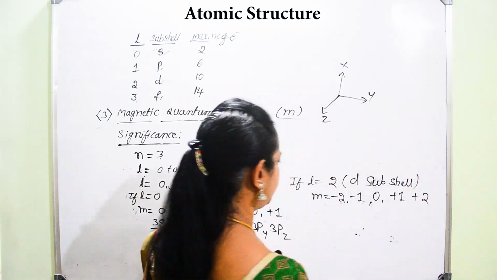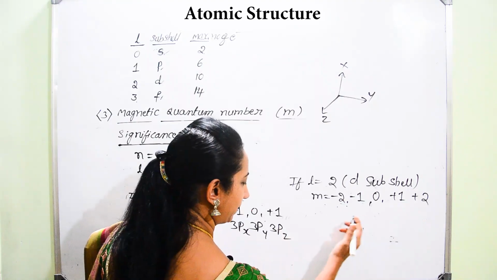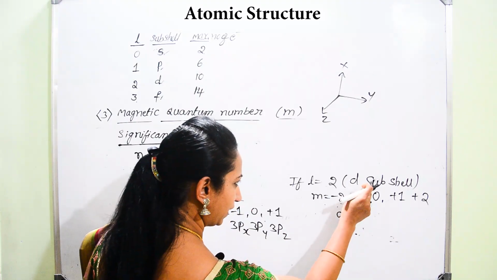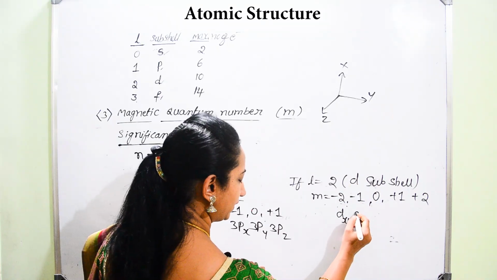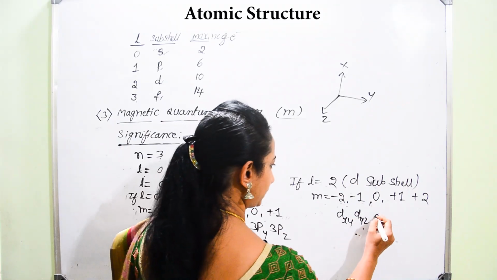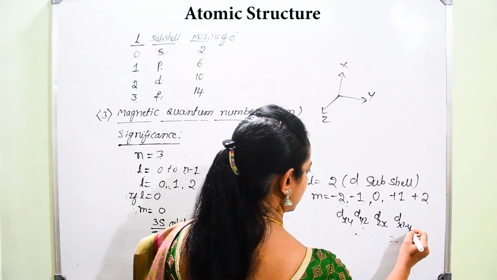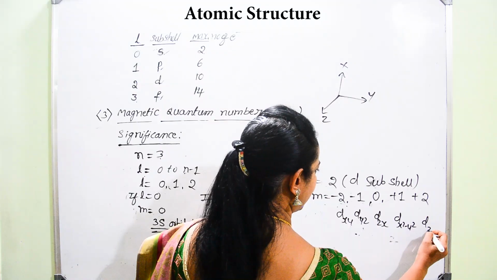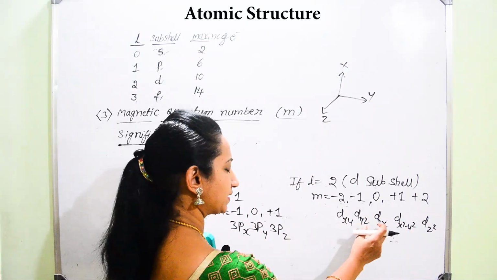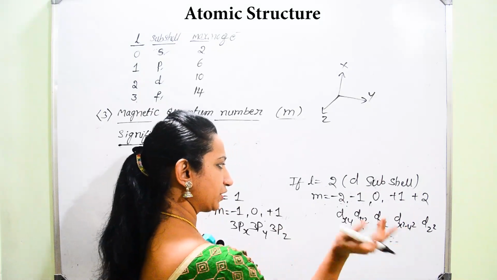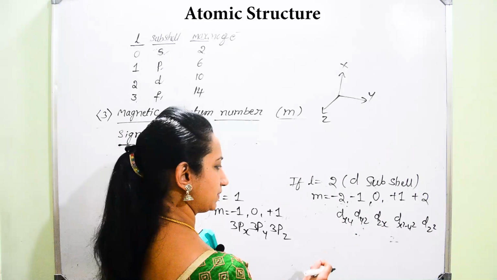D subshell. And of course, we can mention the names of these orbitals. There are 5 orbitals for d, namely dxy, dyz, dzx, dx square minus y square, and then lastly dz square. I am going to explain how we get this representation while learning the shapes of the orbitals.